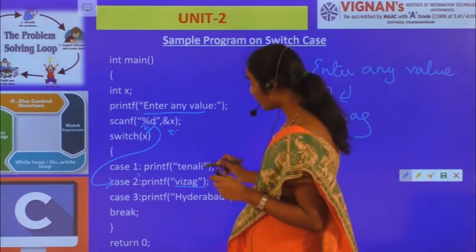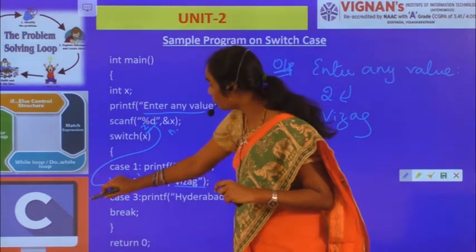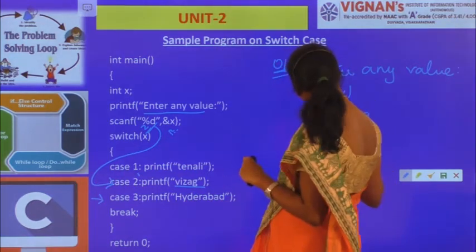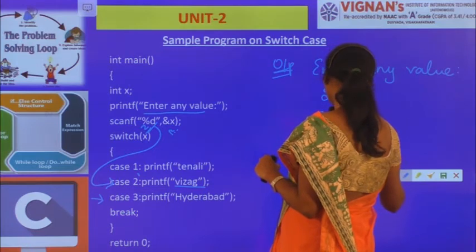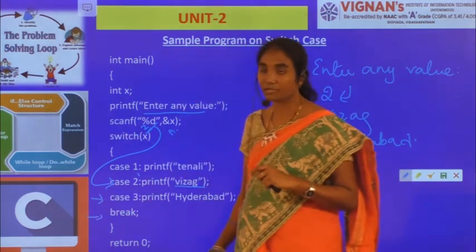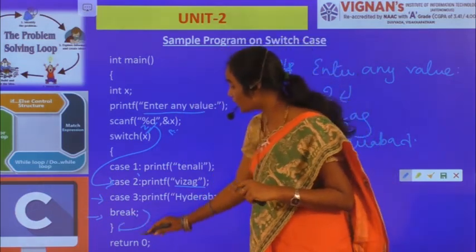Now after Vizag, I have one more statement, printf Hyderabad. So even that Hyderabad will also be printed. Now after this I have a break statement. So now the control comes out of the switch block. Now after that, return 0.